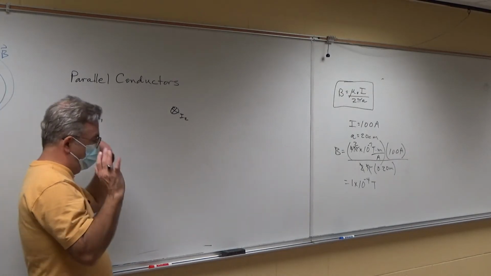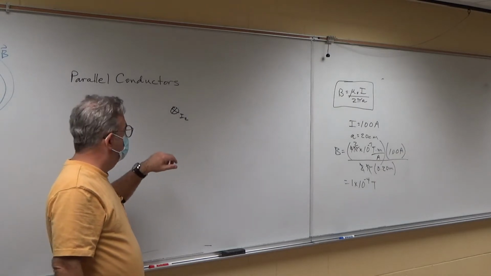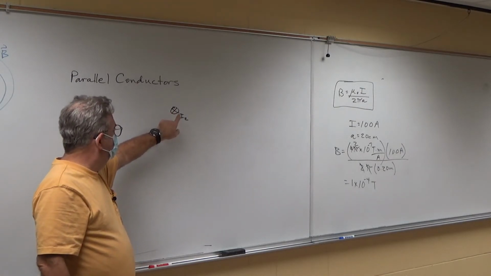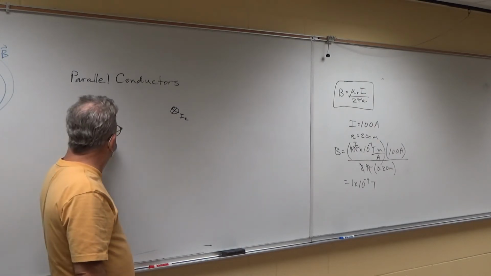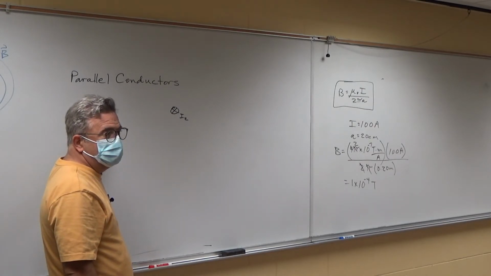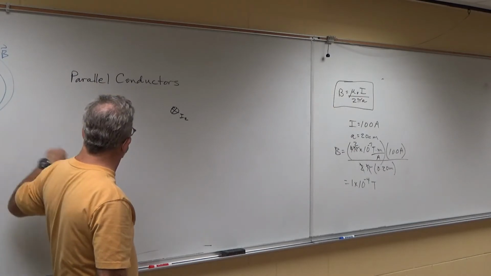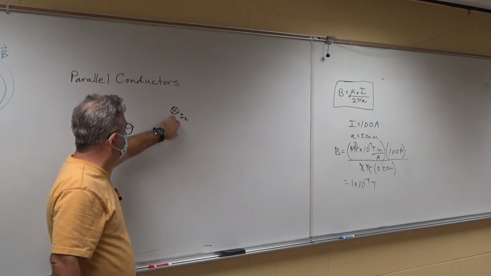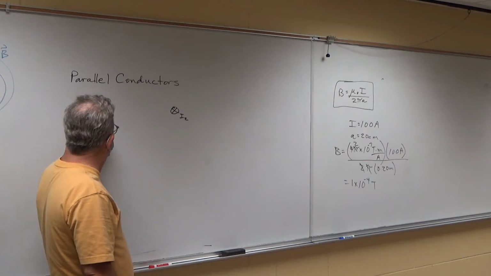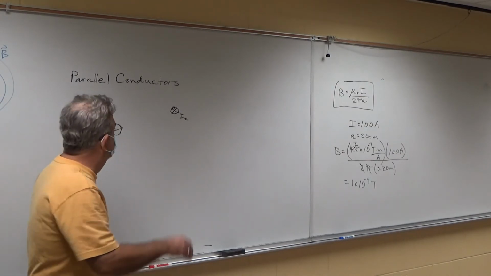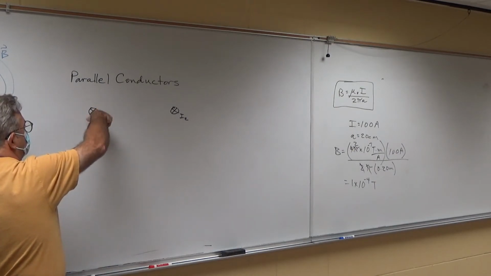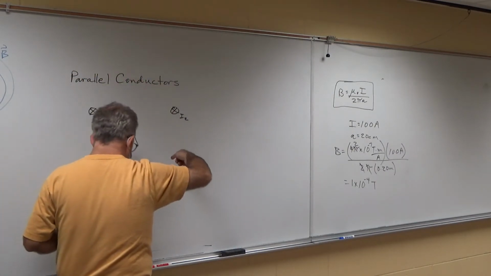By what we just did 2 seconds ago, there is a magnetic field over here at I2 due to I1. I1 is producing a magnetic field, so this wire is immersed in the magnetic field of this wire. Here's the field direction wrapping around this way.